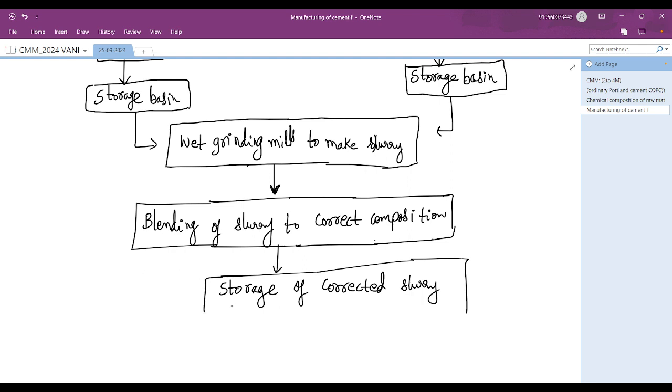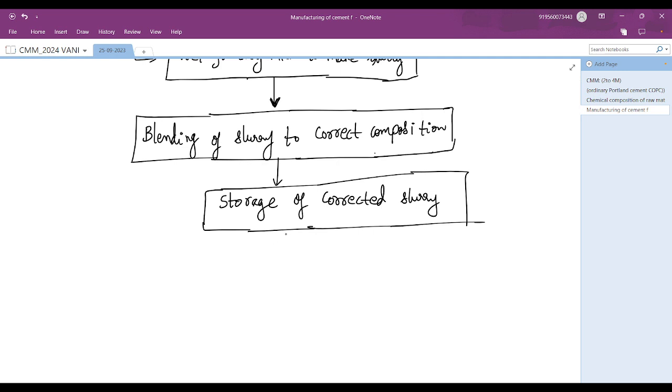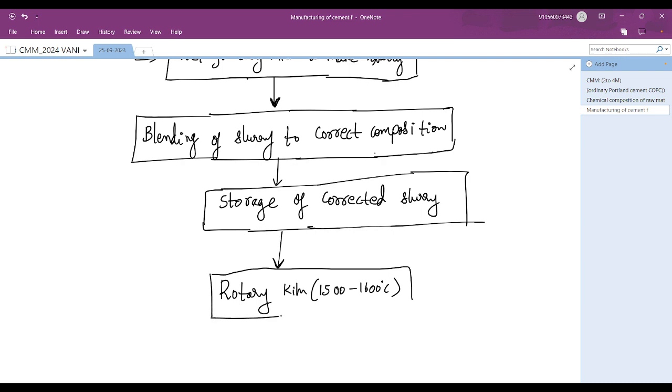Now this corrected slurry is taken to the rotary kiln. There burning at high temperature is done, around 1400 to 1500 or 1600 degrees maintained. Rotary kiln. For the wet process, the temperature is around 1500 to 1600 degrees centigrade.